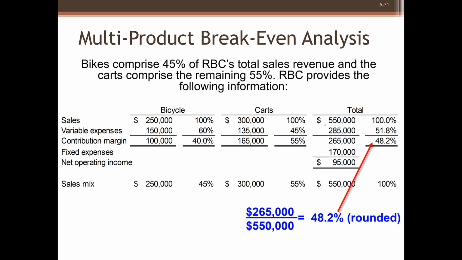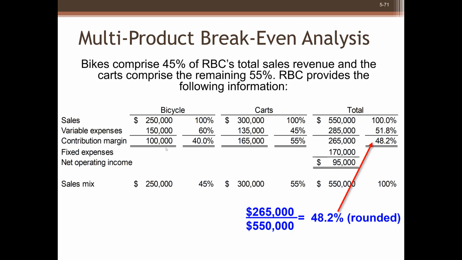For total, we have total sales of $550,000, total variable expenses, and total contribution margin. For fixed expenses, you can see here $170,000. We will not assign any percentage to those products. Net operating income is $95,000.